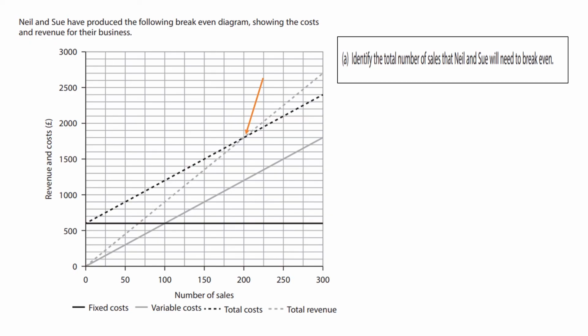So we've identified it there. Now if we go right down, we can see that that links to 200. It's just below 200. So the number of sales that Neil and Sue need to break even is 200.